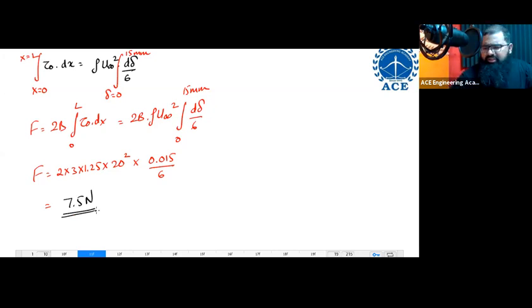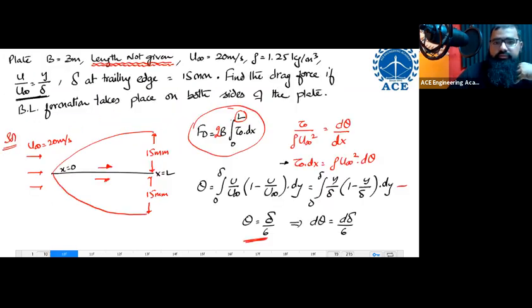Many interesting questions are there. This topic actually is a very interesting topic. If you try to create some correlations, you will see that this topic becomes very interesting. This was regarding the concept of momentum thickness along with the problem. So the net drag force we are having is equal to 7.5 newtons on this particular plate.